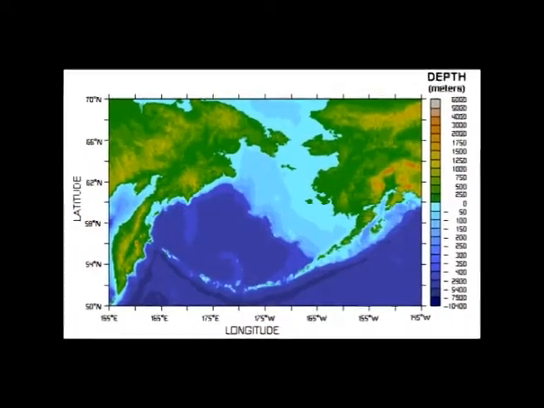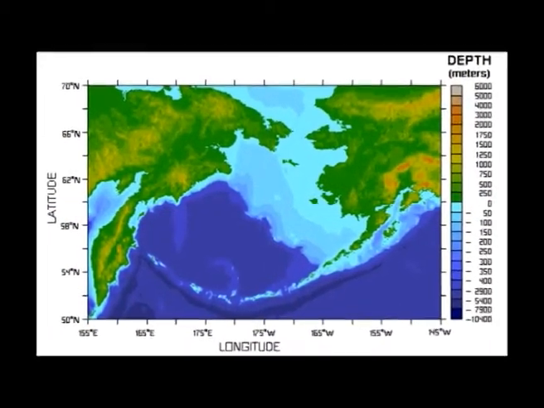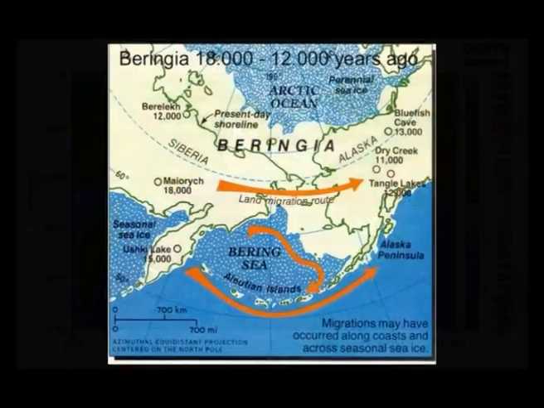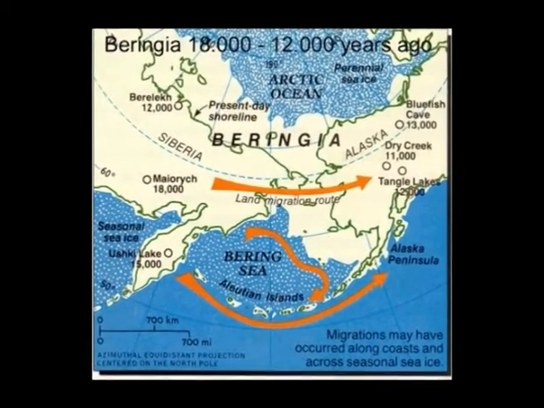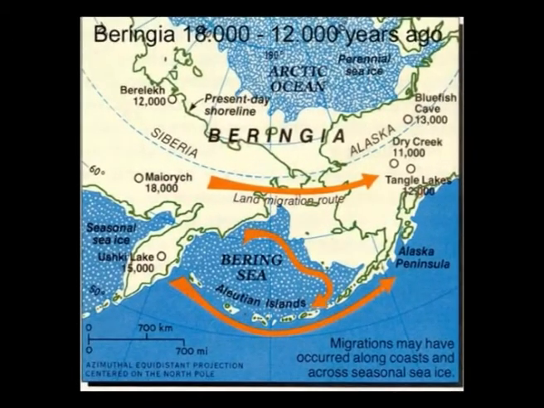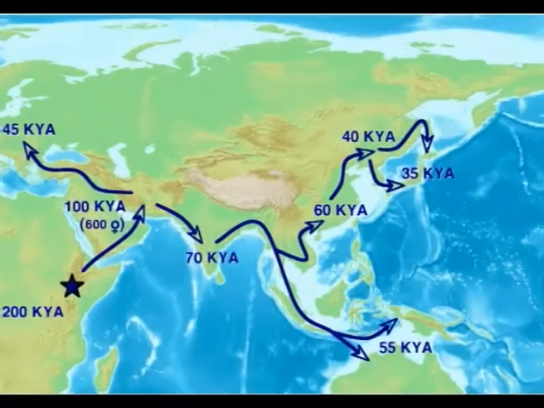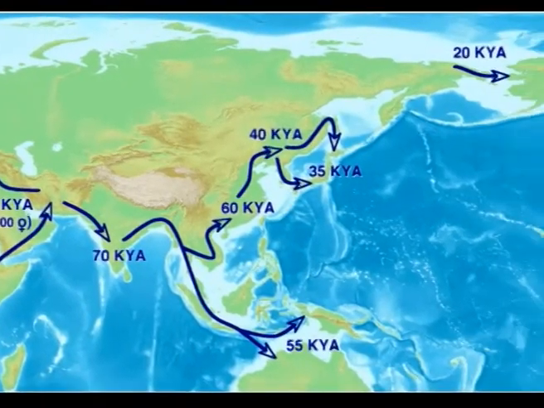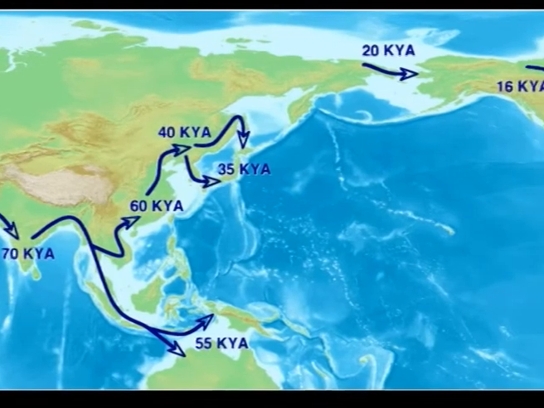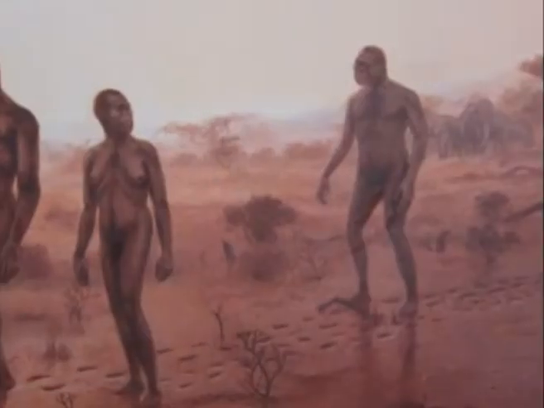The Bering Shelf was exposed at this time. Thus, Siberia was connected to Alaska by a land bridge. It allowed intercontinental migration of animals, including early humans.